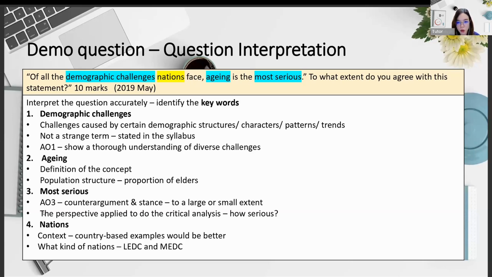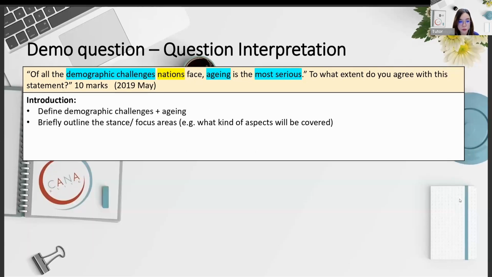You better put it into your essay plan. Remind yourself that you need to find some ways to tackle it. So that's another reminder.